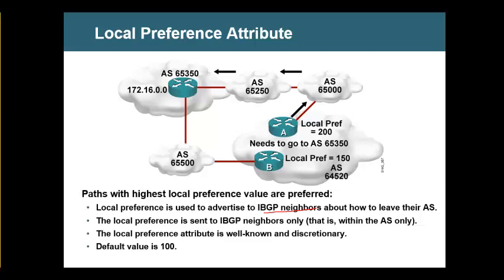So this attribute is local preference. See, local. Meaning, it is sent only to iBGP neighbors. It is local within the AS.